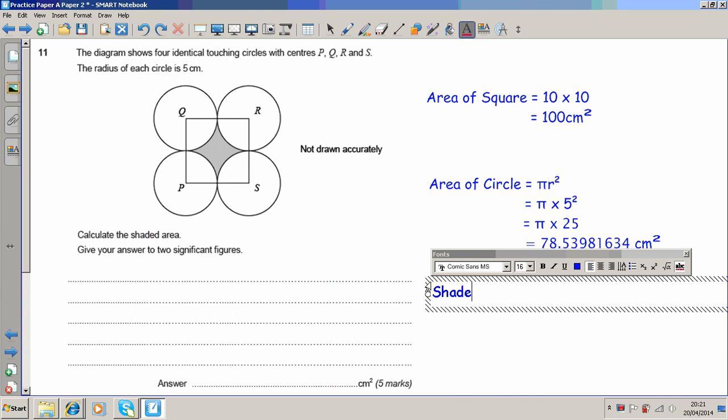So finally, shaded area equals area of square minus area of circle.